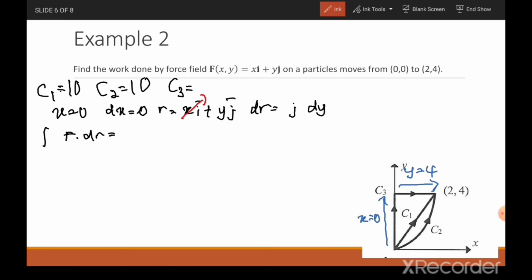So f dot dr is equal to, so this one is between 0 until 4. Okay, then here we get the xi plus yj times dr. So the value for dr is j dy.